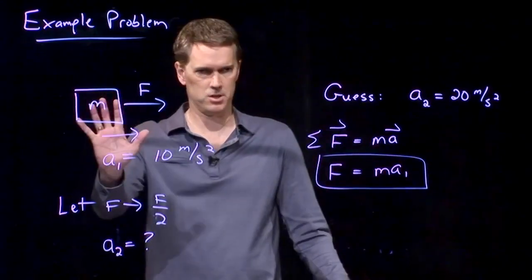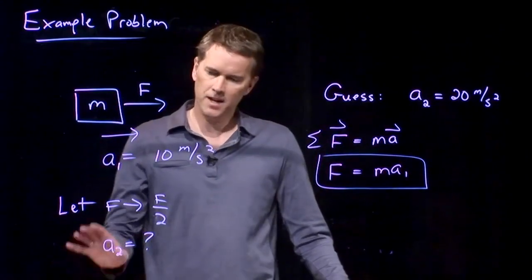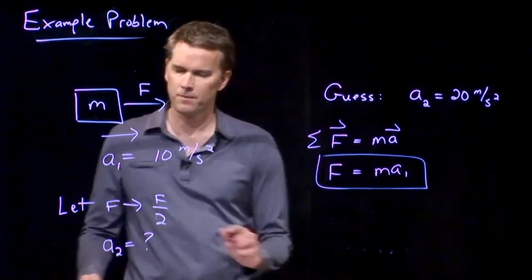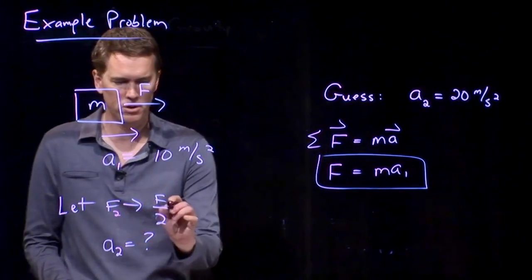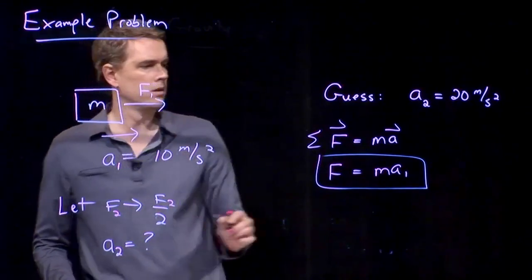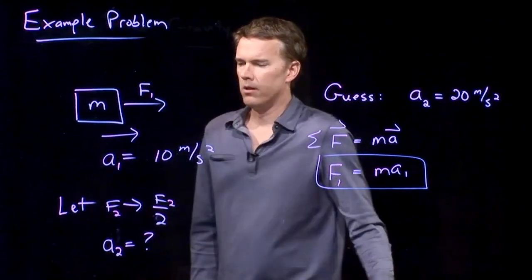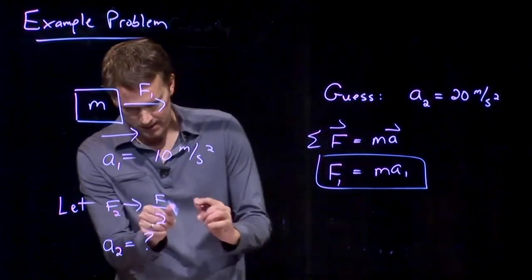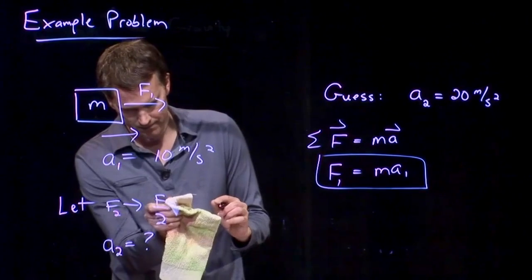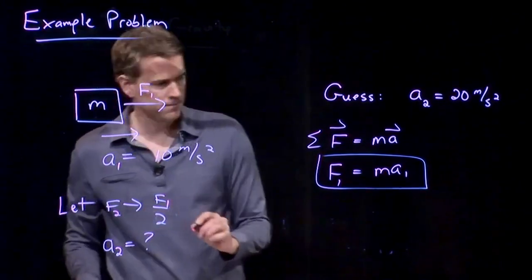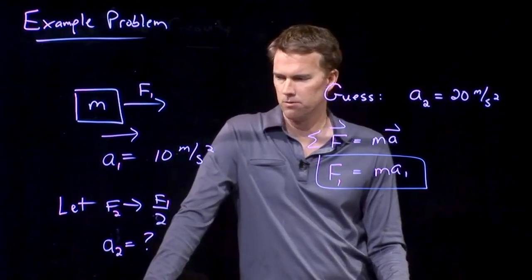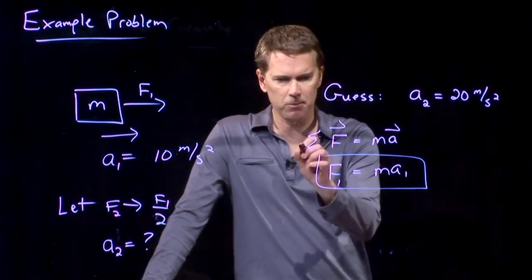That's the first condition. And now the second condition is, let's say that the force, we'll call it F2, goes to half of what it was, half of F1. Okay. What is this new acceleration? Well, we still have the exact same equation.